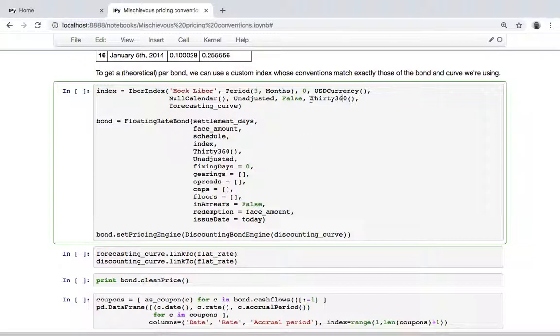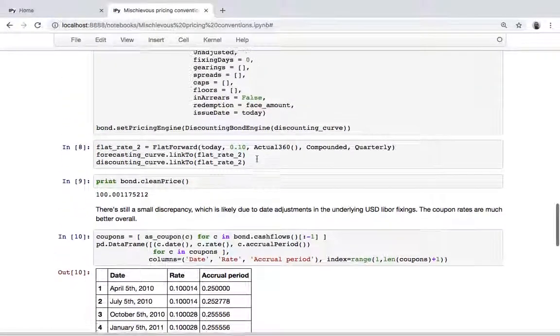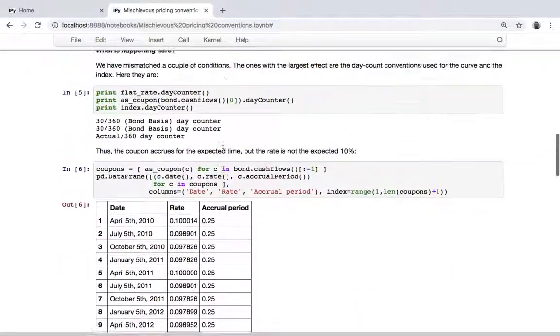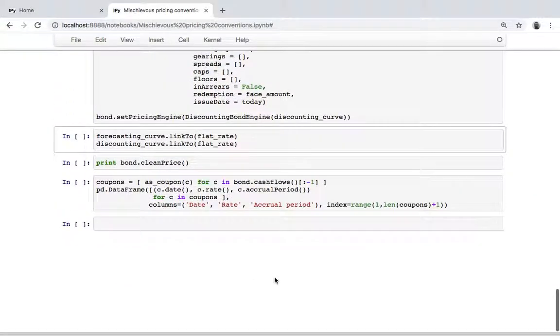So we used the same null calendar and 30/360 for the LIBOR. The same day counter goes for the bond, and at this point we link the curve back to the flat rate that we created at the beginning, which also had a 30/360 day counter.